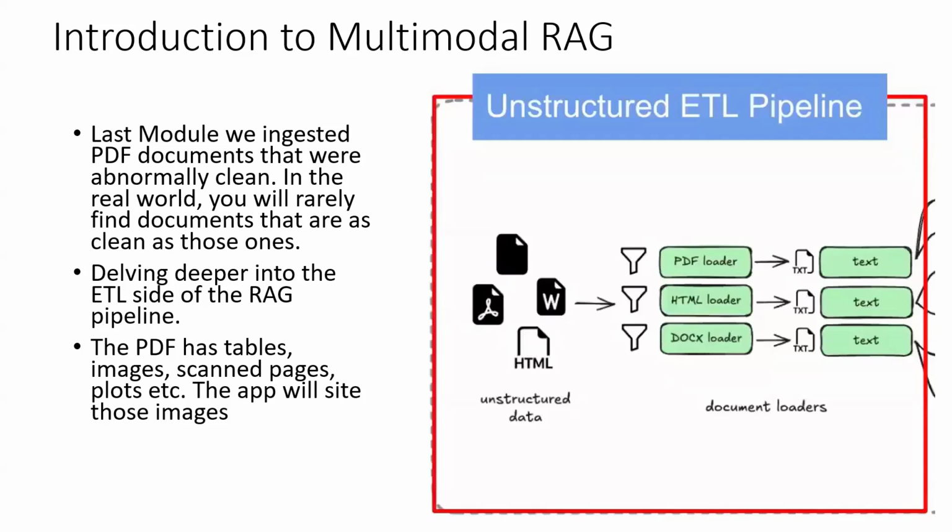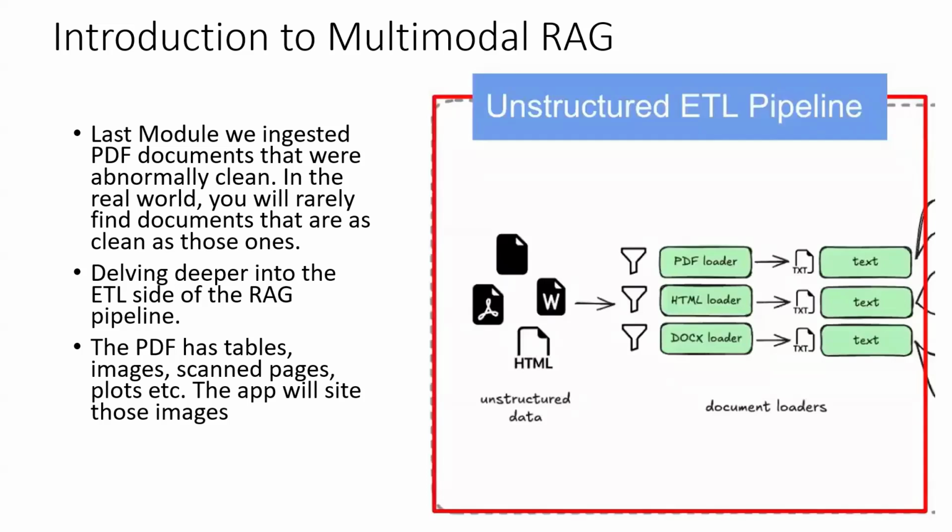But if you use the same application with a complicated PDF, let's say one with some diagrams, tables, images and formulas, in that case the simple RAG approach will not work. So today we are going to study what to do if we have such complex content.